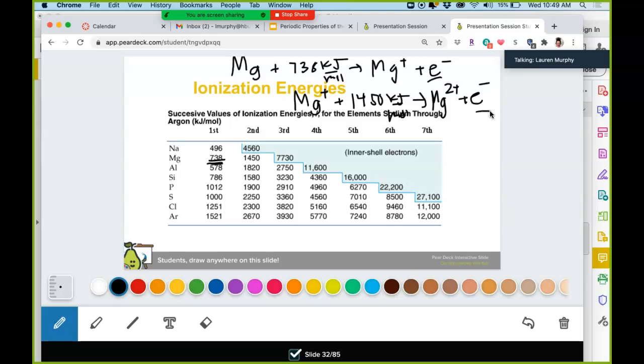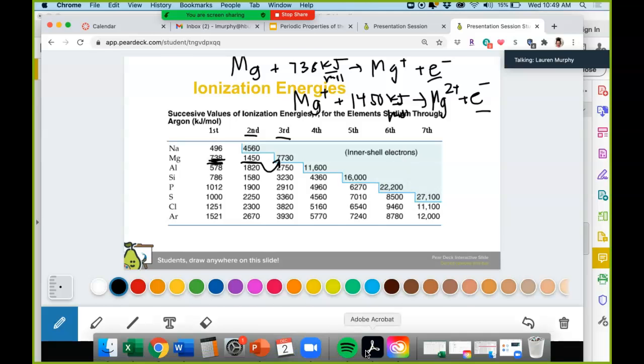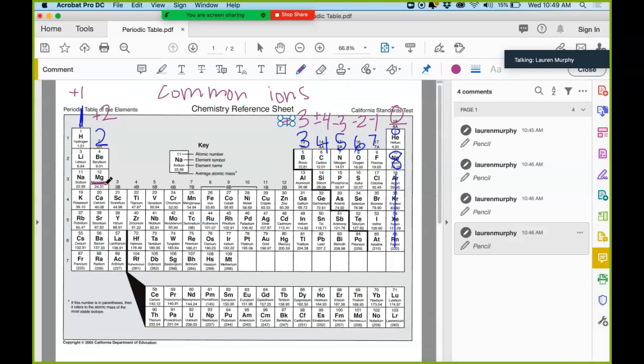First electron, second electron. Now, this is 738, and then it was another 700 to rip off the second one. And then look at this jump right here. It's now 6,000 to do another one. This is considered a jump. This is quite a difference between the second and the third ionization energies. Well, why? After magnesium loses 2 electrons, it loses its outermost shell of electrons.